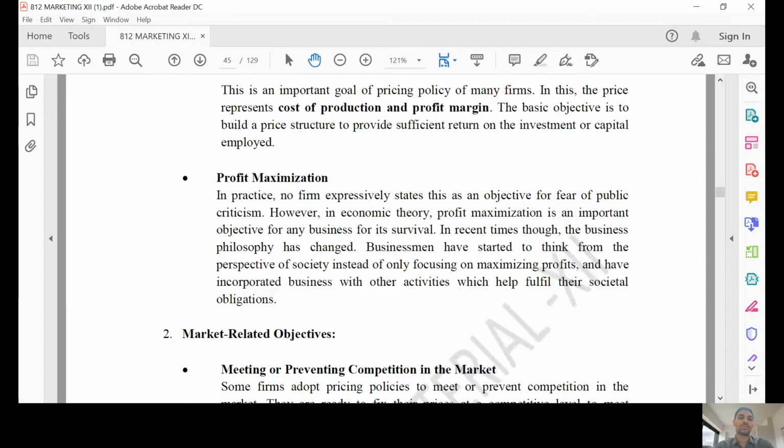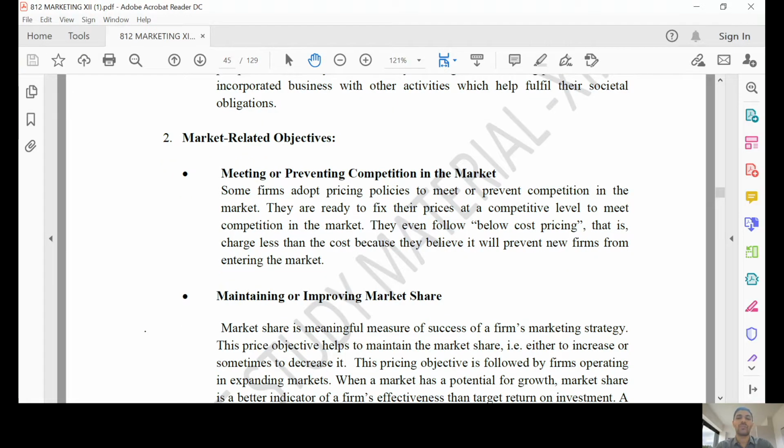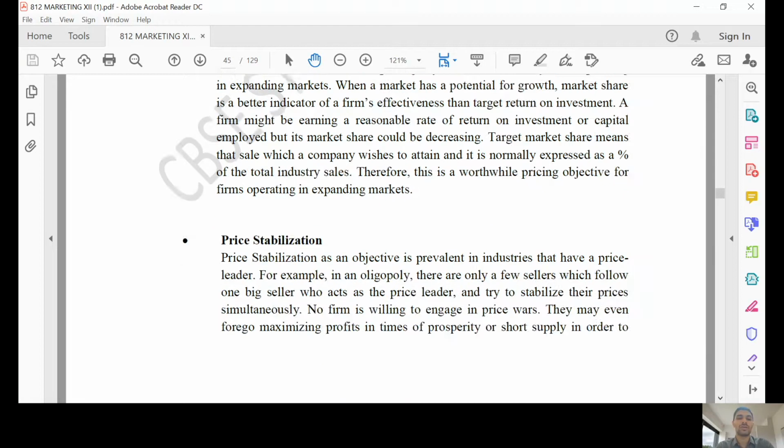Both of these are objectives of pricing. In the market related objective, companies are trying to meet the competition, or if there is too much competition in the market, they are trying to prevent the competition by reducing the price. They can also improve the market share or maintain the existing market share by reducing the price.